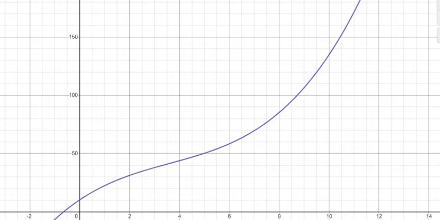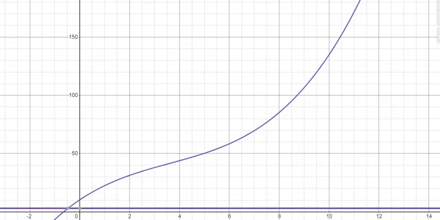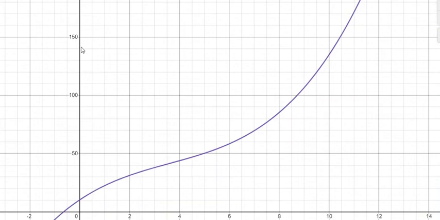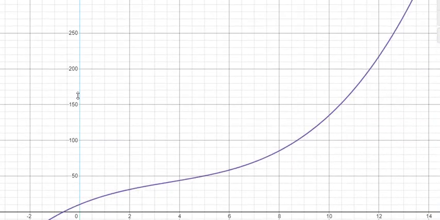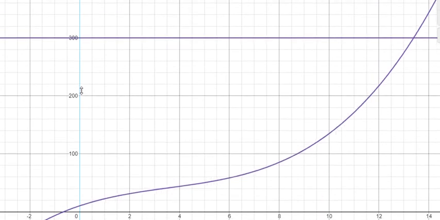One kind of nice way to answer that would be to just go ahead and use the graph I already have. And if I add the line y equals 300 to my graph. My graph wasn't quite big enough to show it. I only am seeing up to about 200 right now. But if I change my perspective so I can see all the way up to the 300, there we go.